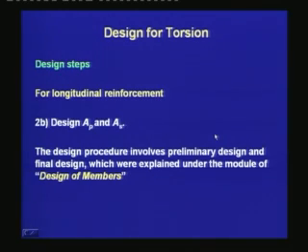The second step is to design Ap and As. Ap is the amount of prestressing steel and As is the amount of longitudinal steel. The design procedure involves preliminary design and final design, which were explained under the module of design of members. Thus, the flexural design is a systematic procedure to select the appropriate section, to select the maximum eccentricity of the prestressing steel, and also to have an economical amount of prestressing steel.